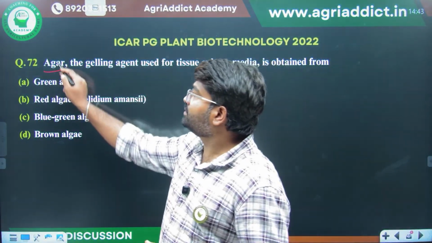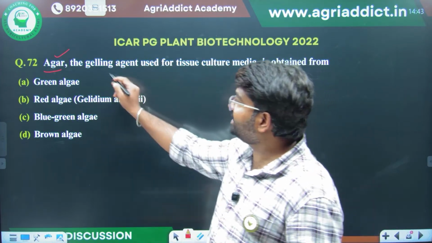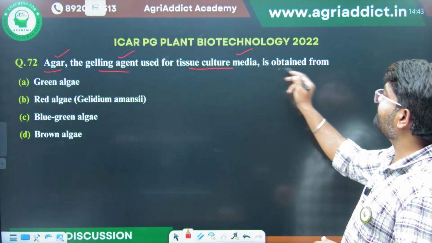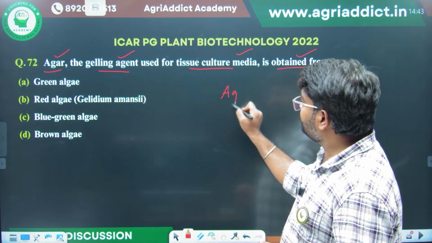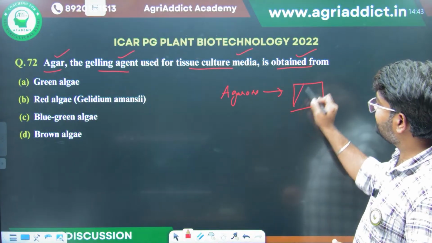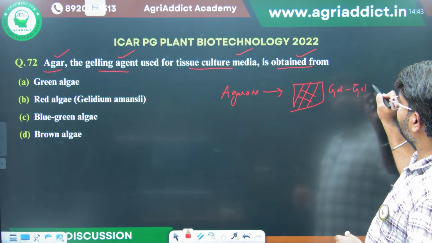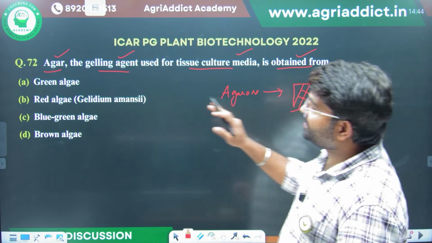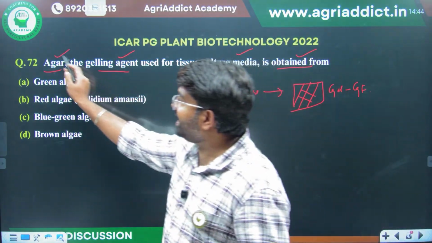Agar is primarily used for what? It's a gelling agent used for tissue culture media. Agarose is used as a gelling agent for preparing the gel in gel electrophoresis. For tissue culture media preparation, we will use agar.